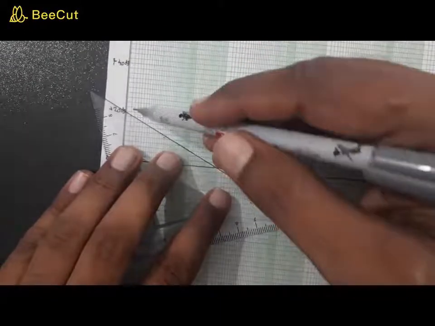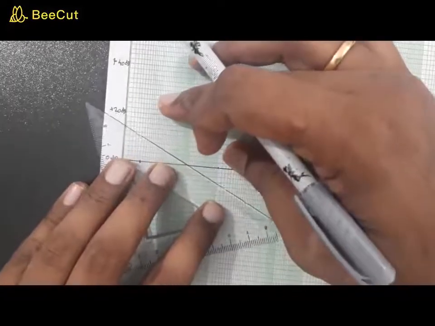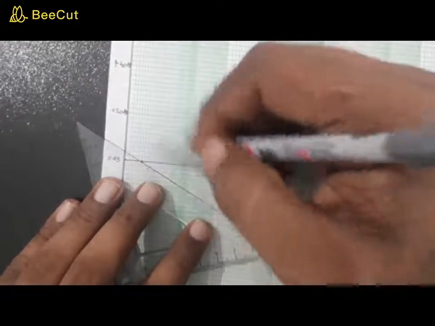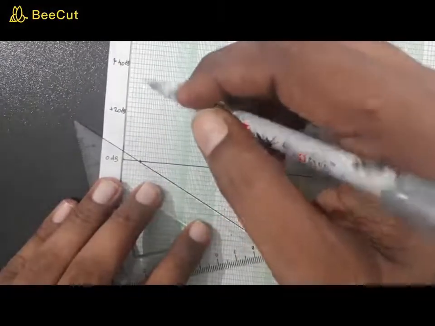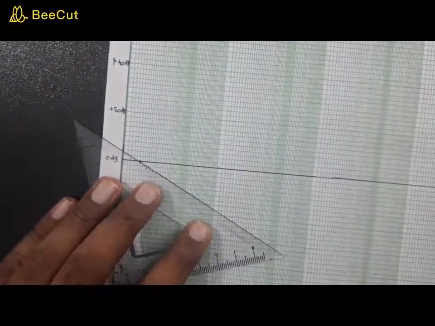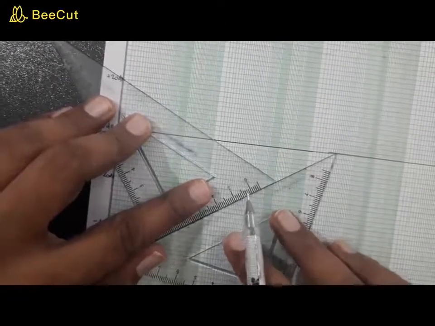So this line is going to have a slope of minus 20 dB. And if you draw a parallel line like this, this line will also be minus 20 dB, and you know how to draw those parallel lines. You can draw the parallel lines like this as well.